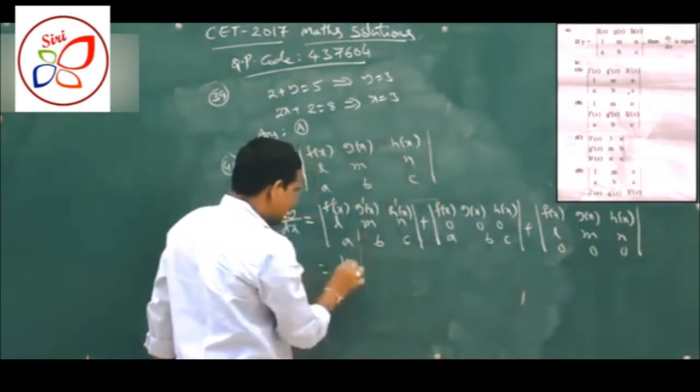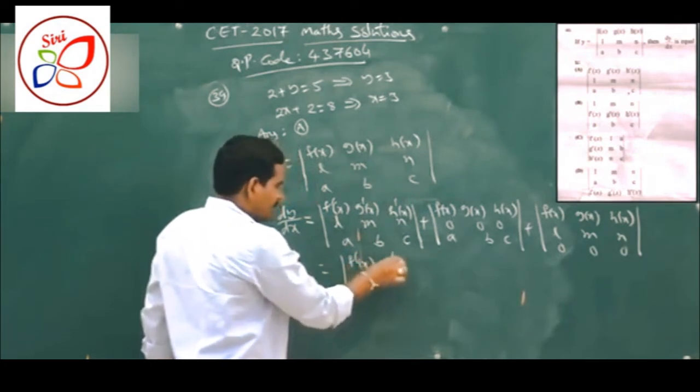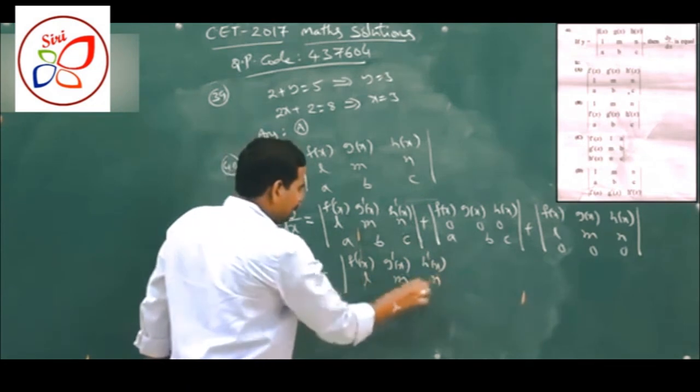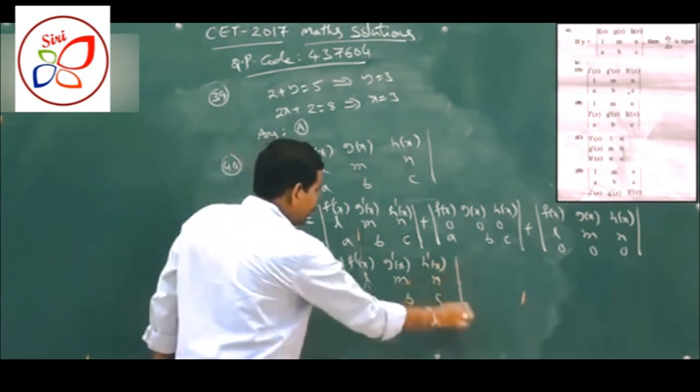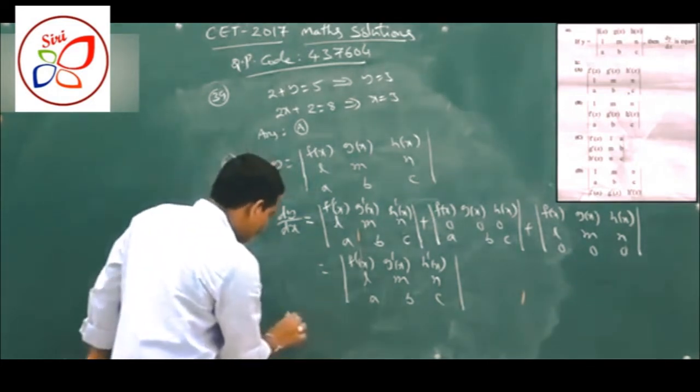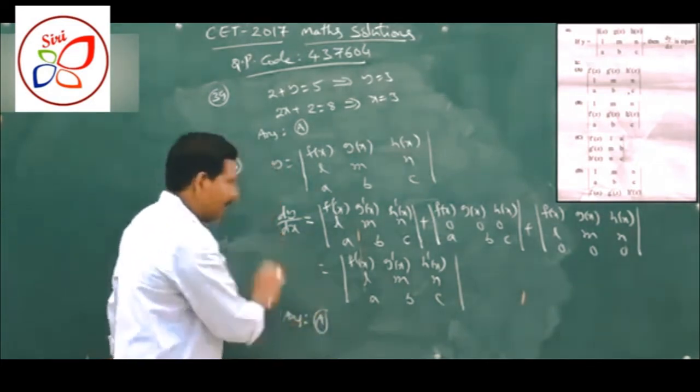So that answer is f dash x, g dash x, h dash x, L, M, N, A, B, C, which is given in first option A.